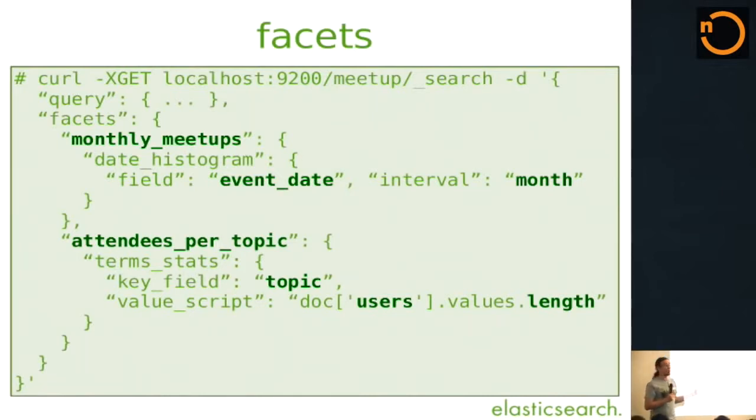So this will give me results only for the documents that match. So for meetups that have Python in title or body and don't have PHP and have been in the last year, it will give you per month how many meetups there were. And the second one is more interesting. So for each topic of those meetups, which mostly is going to be Python, but we will see some statistics on the number of attendees.